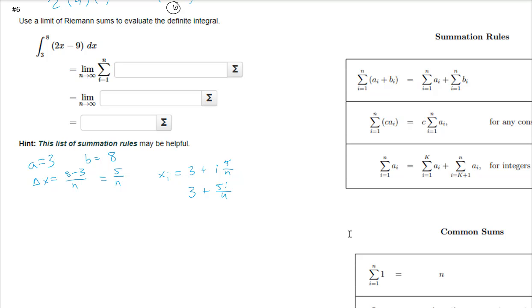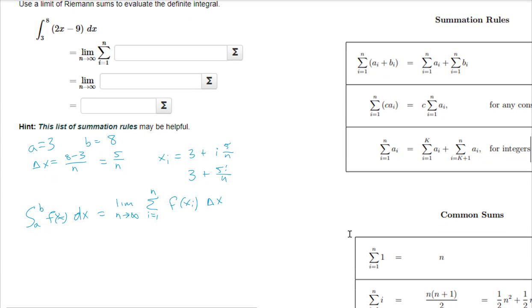Now we know from the definition that the integral from a to b of f of x dx is equal to the limit as n goes to infinity of the sum i equals 1 to n of f of x sub i times delta x.